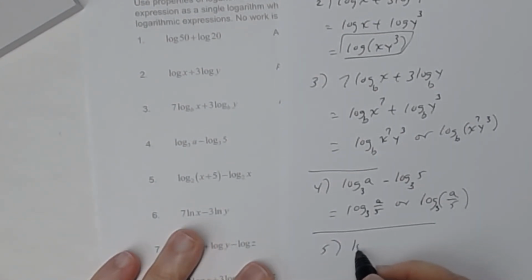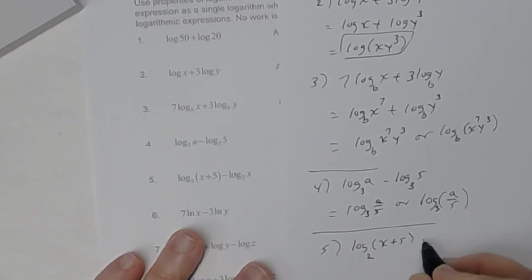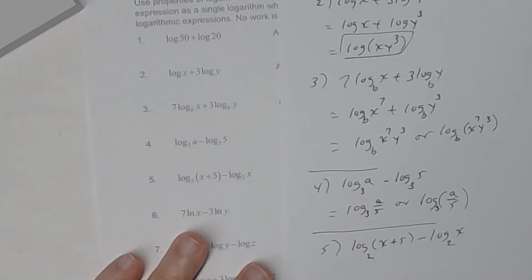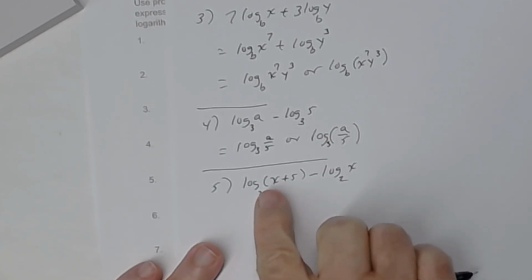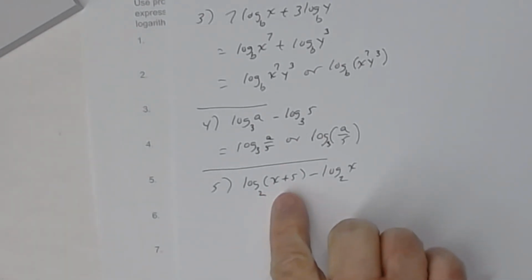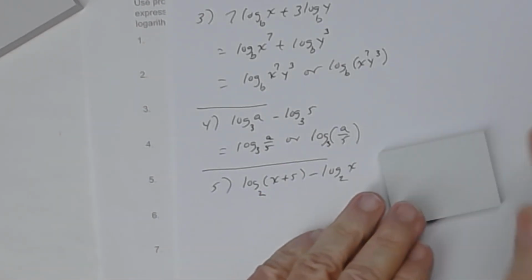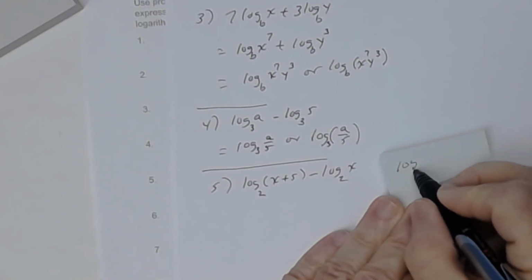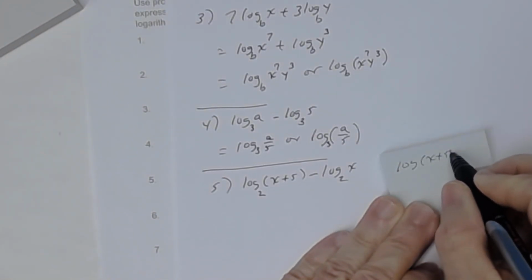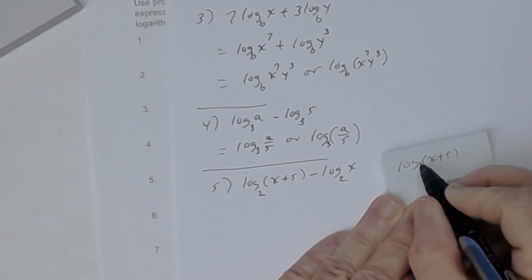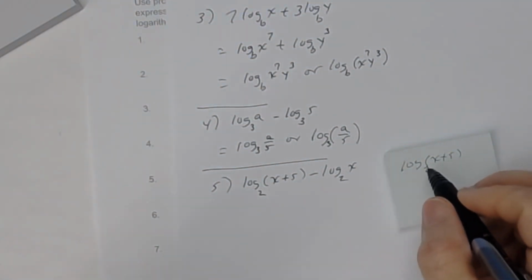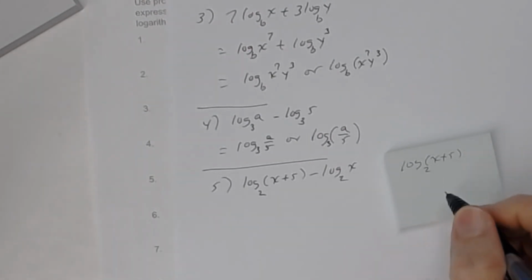Number 5, you have the log of x plus 5 base 2 minus the log of x base 2. Okay, just to remind you of a common mistake people will make, you see this right here? And hopefully you know not to do that. What some students will do is they think that this is multiplication right here. And so when they see something like this, automatically they think of the distributive property.